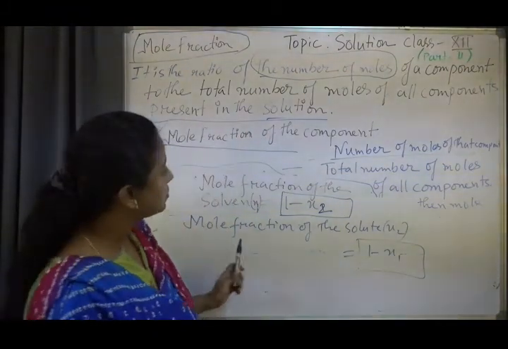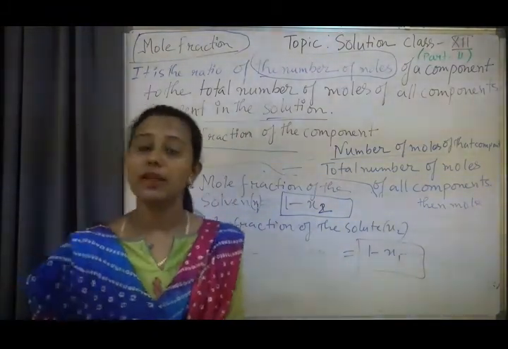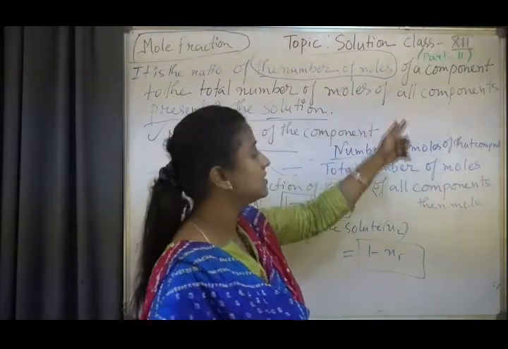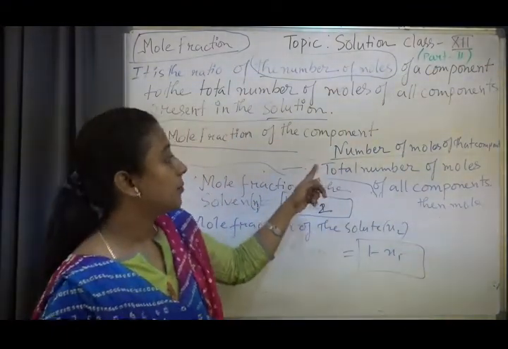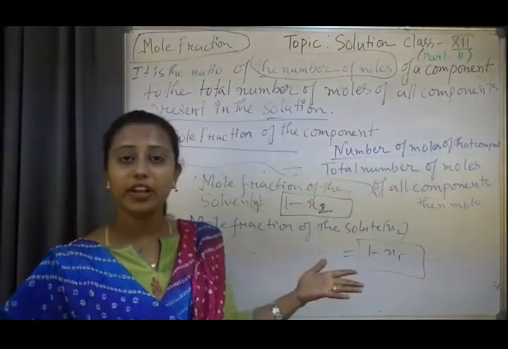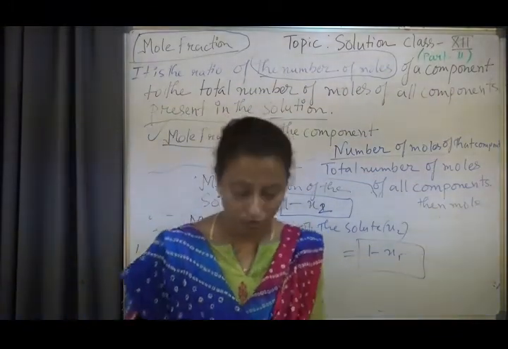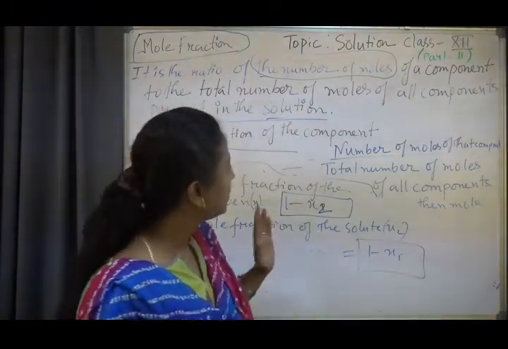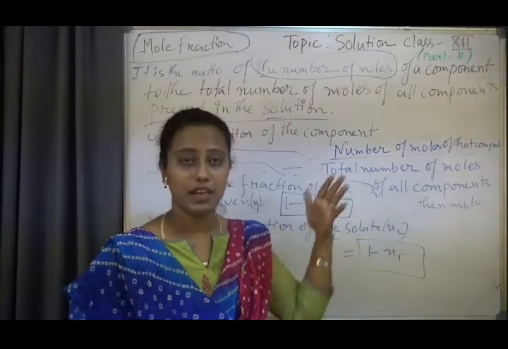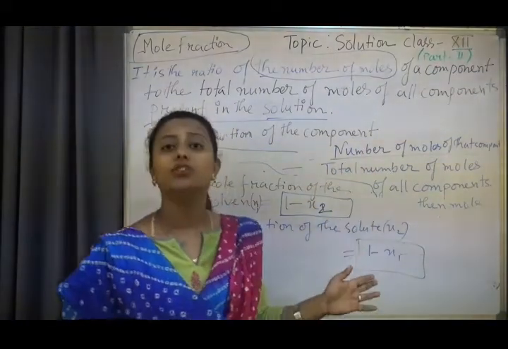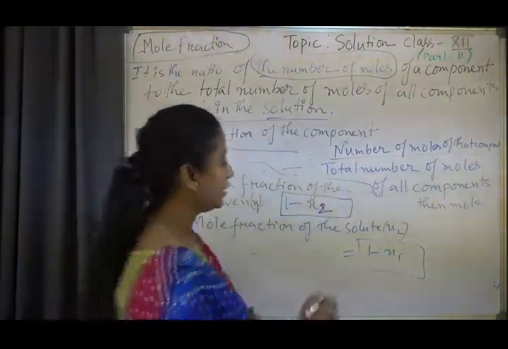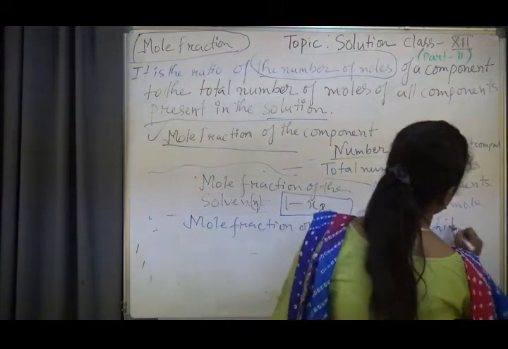So it has no units. Why is it not having any unit? Because this is a ratio of two terms, the number of moles of that component divided by the total number of moles. As this is a fraction, a ratio, it does not have any unit.